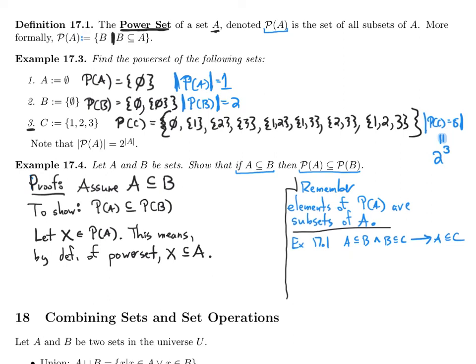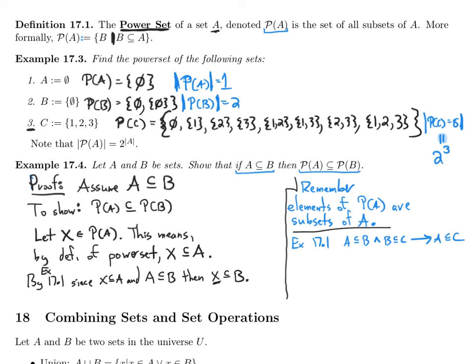So we can say, by example 17.1, since X is a subset of A and A is a subset of B, then we have that X is a subset of B. We just proved that. And what did we do?